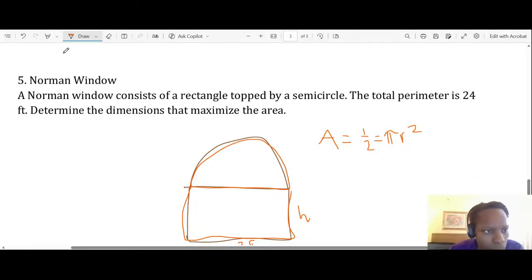Why did I put the equal in between there? The area is going to be 1/2 pi r squared. That's the semicircle, half of a full circle. And then you're going to have to add the area of this rectangle, which is 2r times h. Okay?